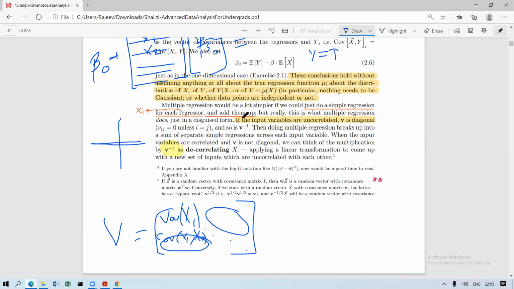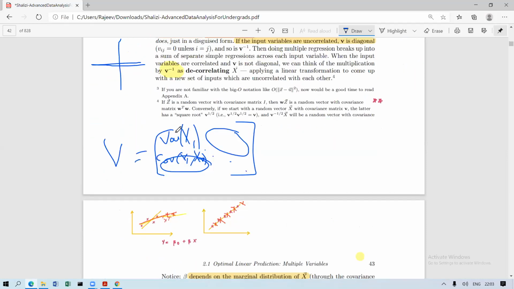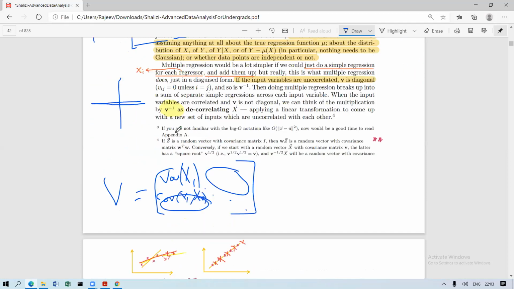Okay, so what I was saying was this V is what I explained yesterday, the covariance matrix. If all of your input dimensions are uncorrelated to each other, then V will always be a diagonal matrix, because at the diagonals we have variances and at off diagonals we have covariances.